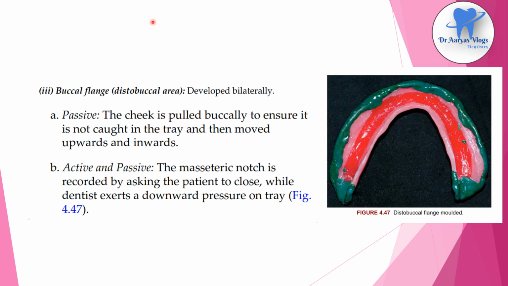Buccal flange area, distal buccal area, is developed bilaterally. Here the cheek is pulled buccally to ensure that it is not caught in the tray and moved upward and inward. Active and passive, that is, the masseteric notch is recorded by asking the patient to close while the dentist exerts a downward pressure on the tray.